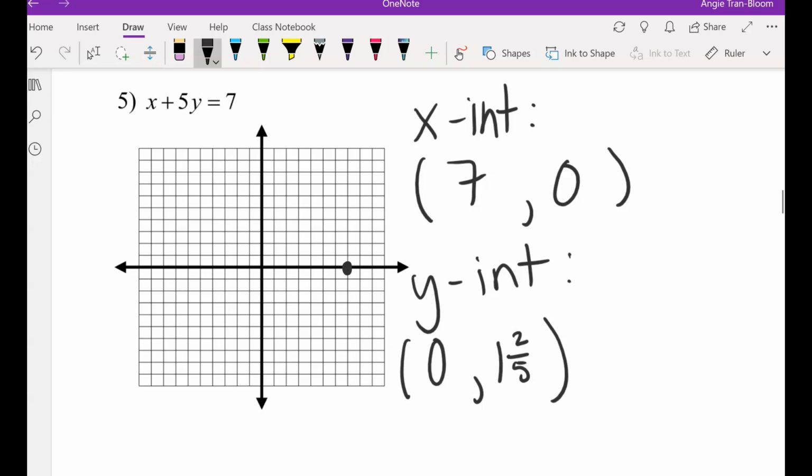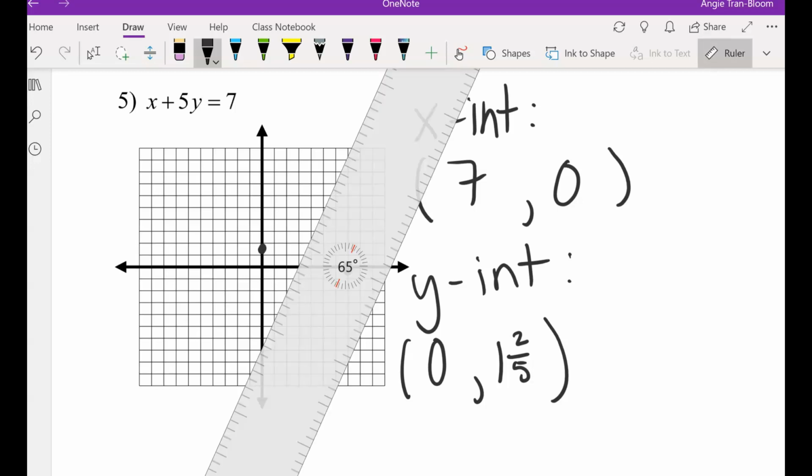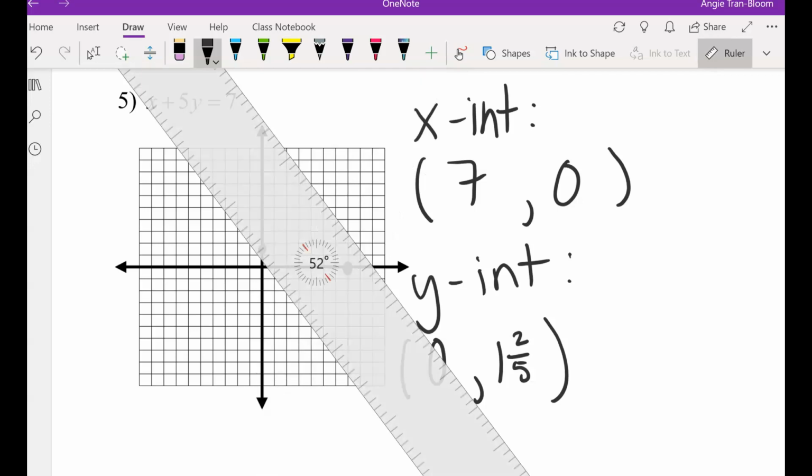In between what two integers, class, should I plot 1 and 2/5? 1 and 2. So plot somewhere in the middle. And again, it doesn't need to be exact. You just have to plot in between two integers.